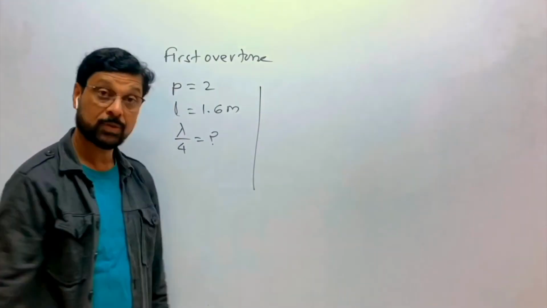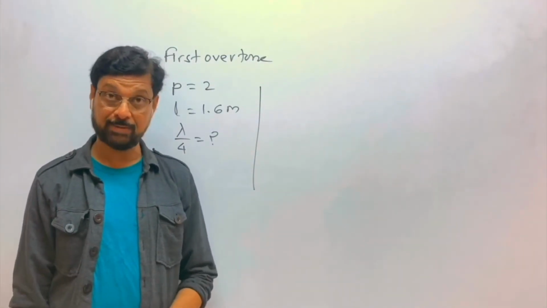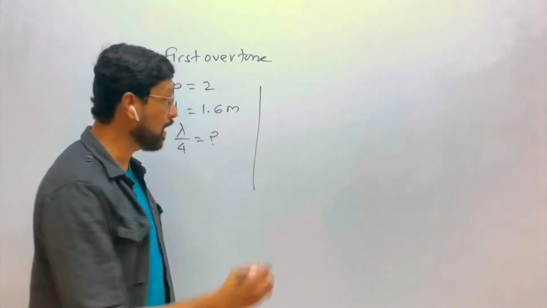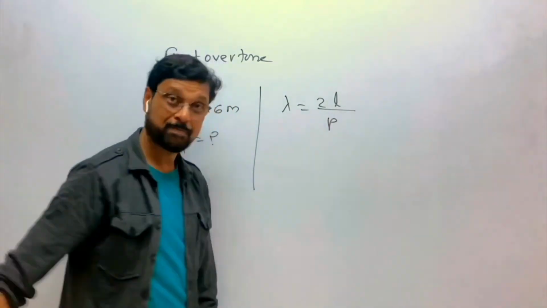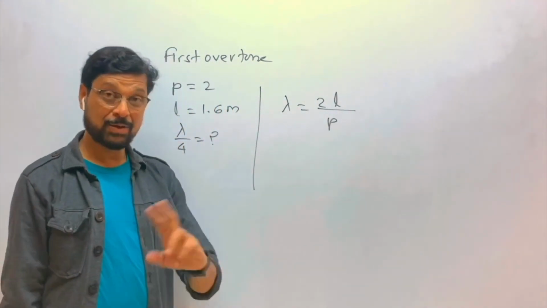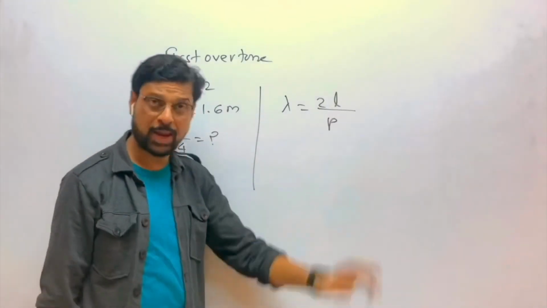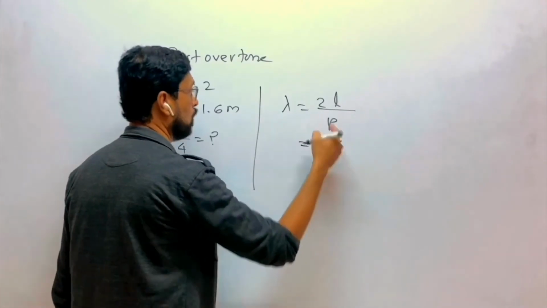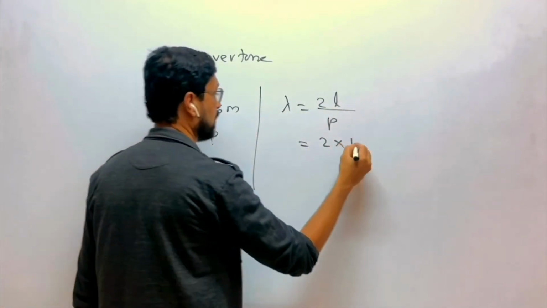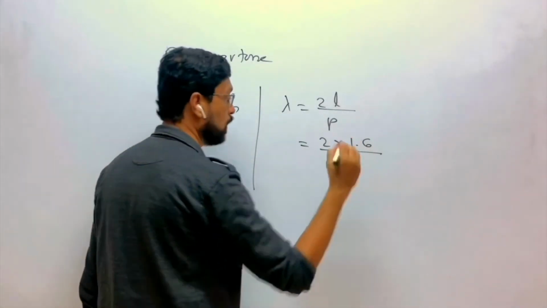Very simple. In the different modes of vibration of a string, I gave you a general formula. Lambda is equal to 2L by P, isn't it? Whatever is the number of loops, lambda is 2L by P. So directly putting the values, 2 into L is 1.6 upon P, the number of loops is 2.